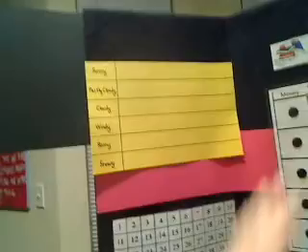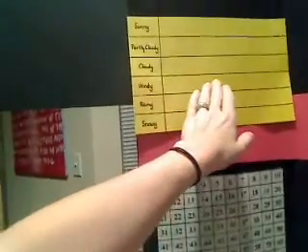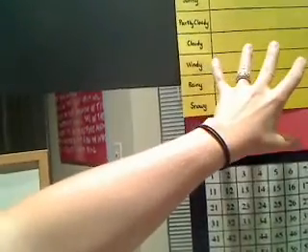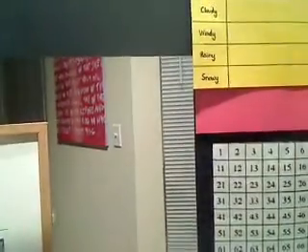Every week we will transfer the weather cards over to our weather graph, and at the end of the month students will be able to see what the weather was like overall that month. So I think that's a neat activity.